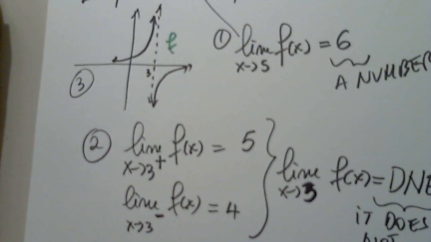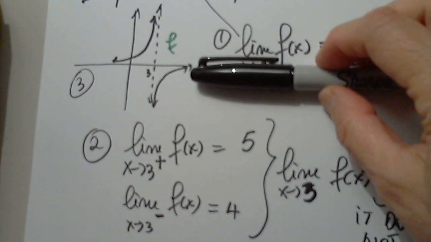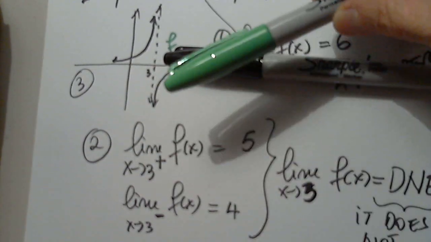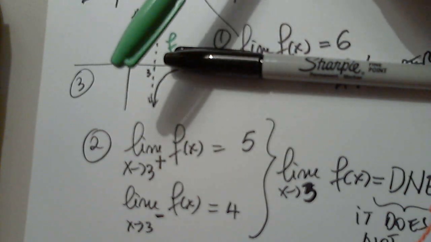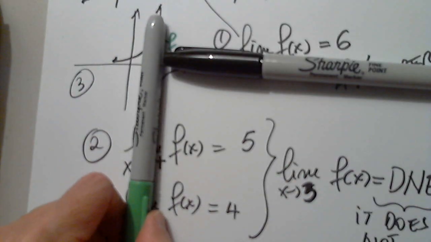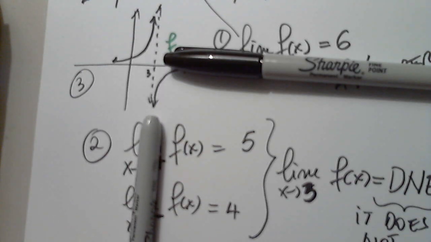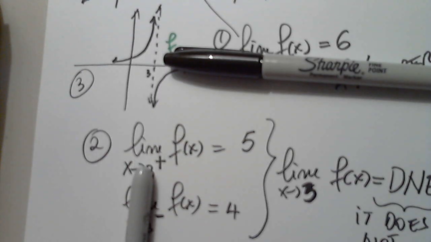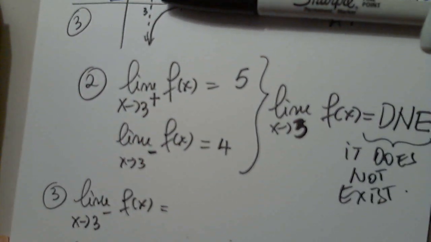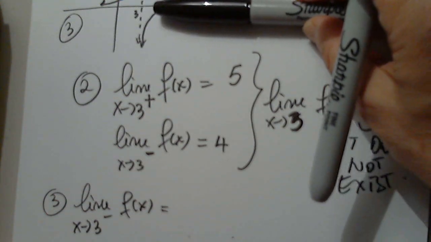So let's do that. As x approaches 3 from the right, the function values do this. Where are they going? What is the tendency of the function as x approaches 3 from the right?